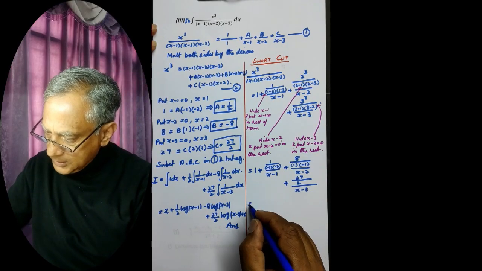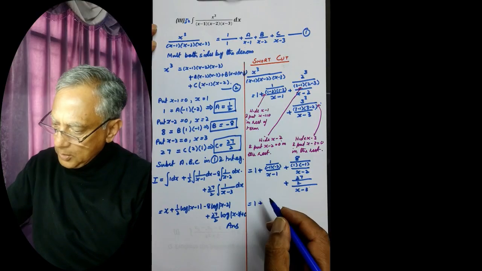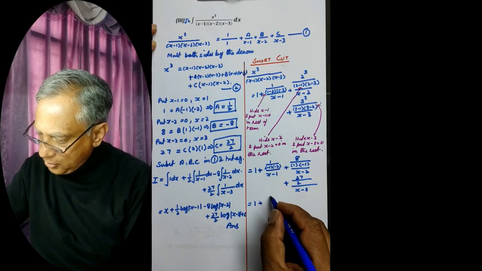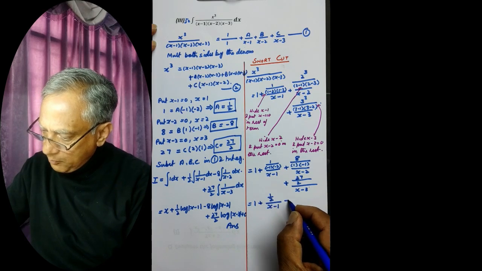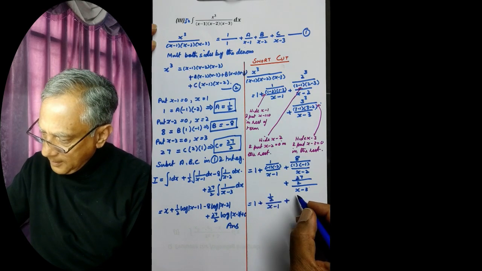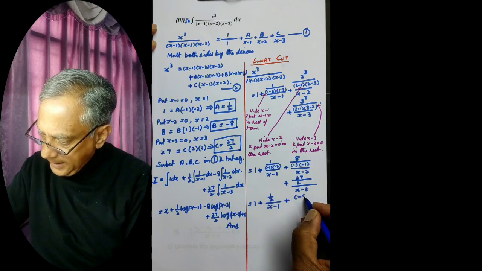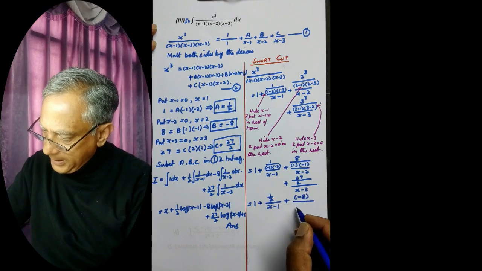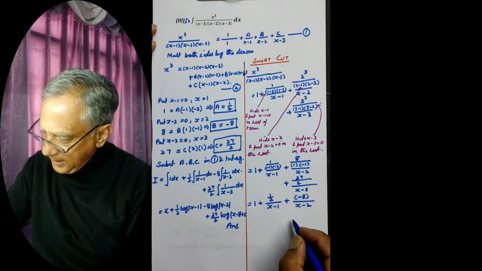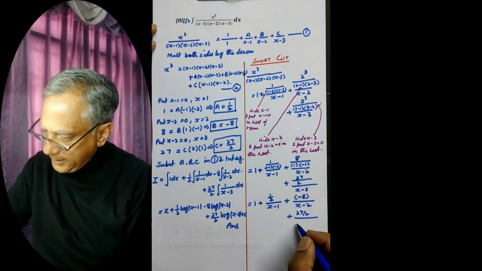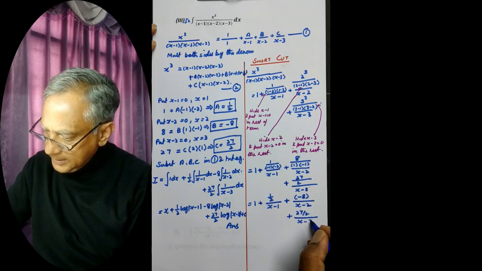So what we get is 1 plus 1 by 2 over x minus 1, plus minus 8 divided by x minus 2, and 27 by 2 divided by x minus 3.